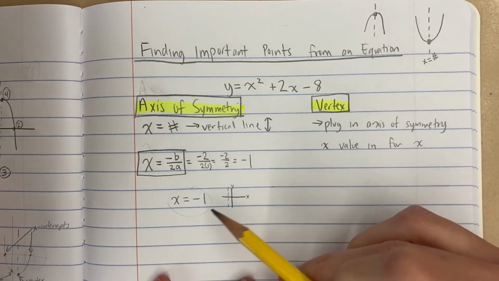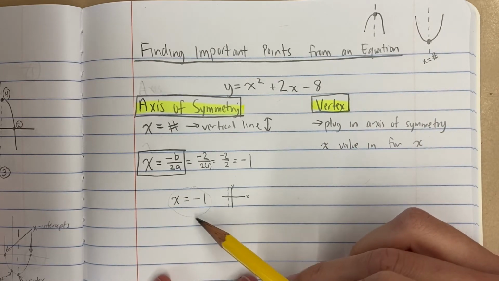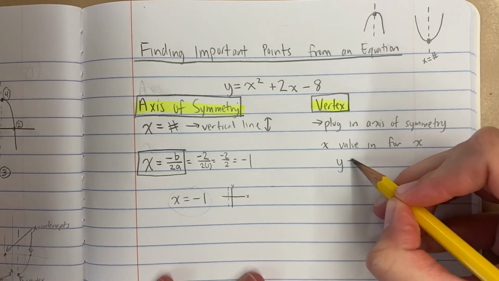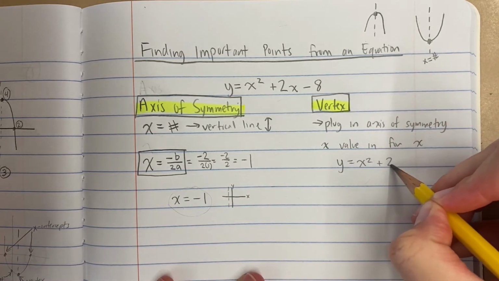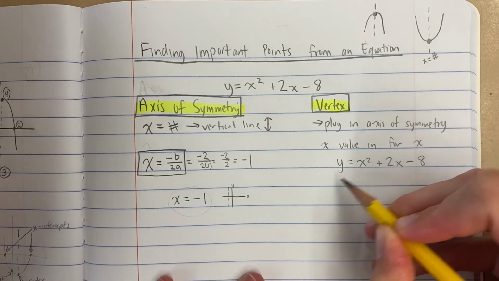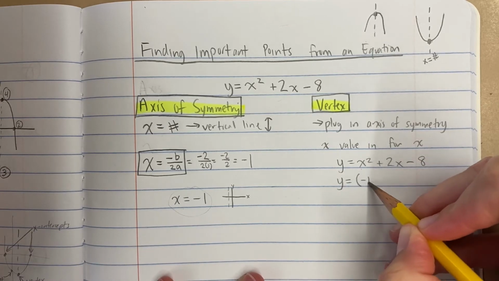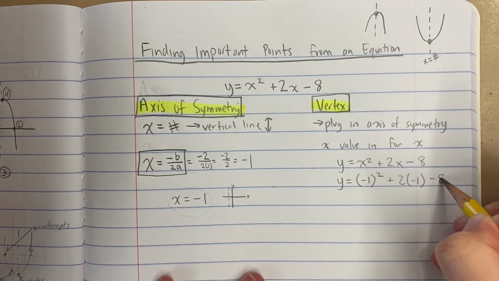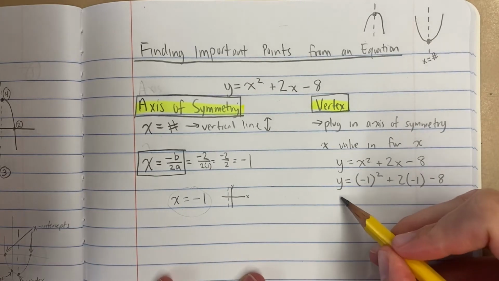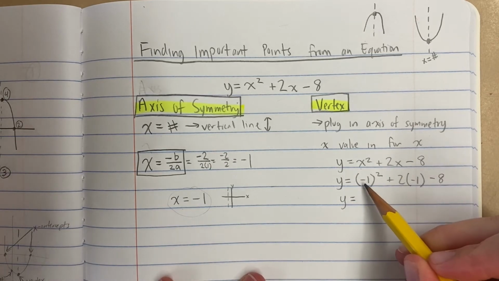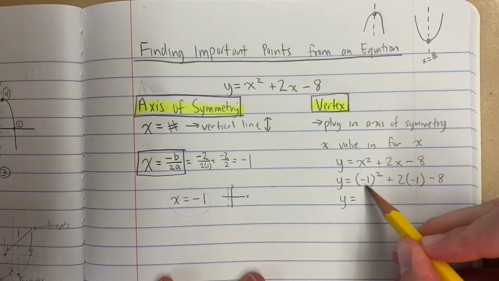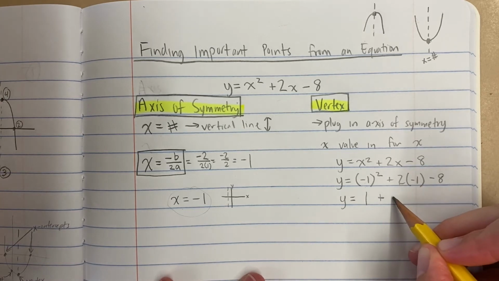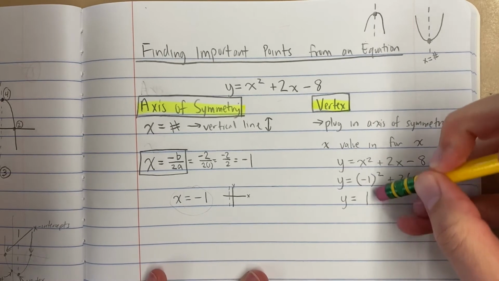Because that's going to tell me, when x is negative 1, when we're at this point on the graph, here's what y is. So if you take a look at this equation, here is my example equation. I'm going to plug in negative 1 for x. Negative 1 squared, negative 1 times negative 1, is 1. 2 times negative 1 is negative 2.